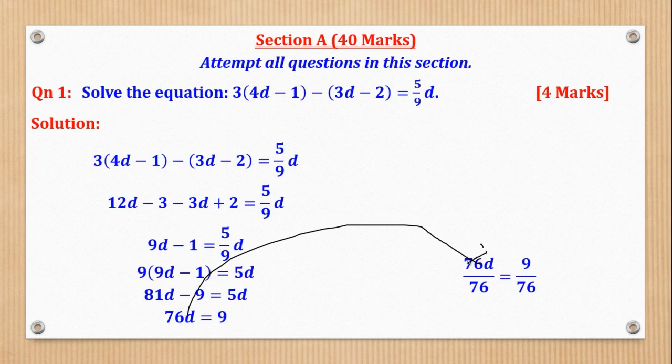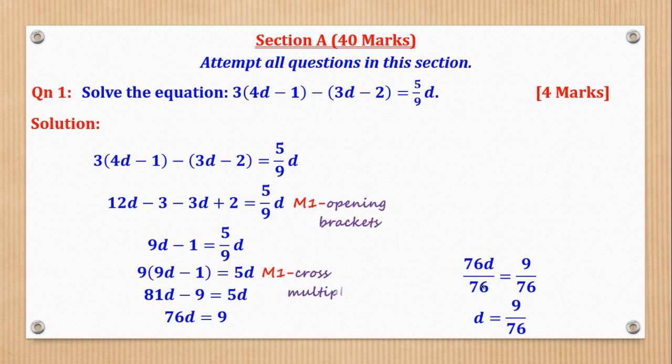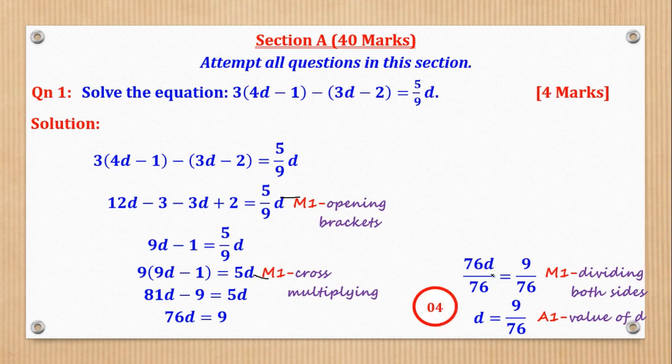So this cancels with this to give you d as 9 over 76. Basically that is what they wanted. First mark was to open brackets, cross multiply, divide through, and the output. If the answer can be given in fraction form, it is advisable to leave it in fraction form. Good enough, this is an improper fraction.